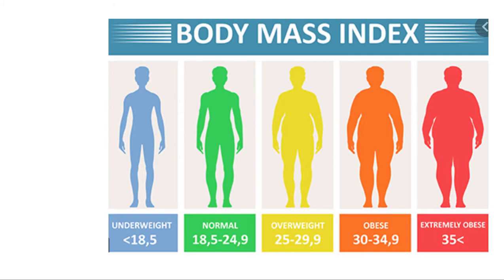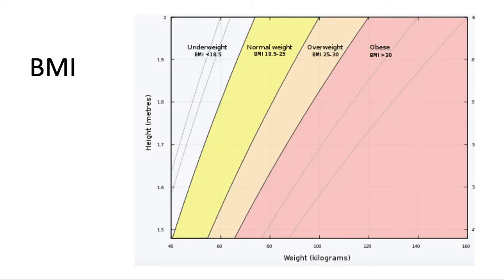How does one measure fat accumulation? Several high-tech methods have been devised, but for practical purposes, the body mass index is most commonly used. Body mass index is calculated as weight in kilograms divided by height in meters squared, or kilograms over meters squared. The body mass index is closely correlated with body fat.